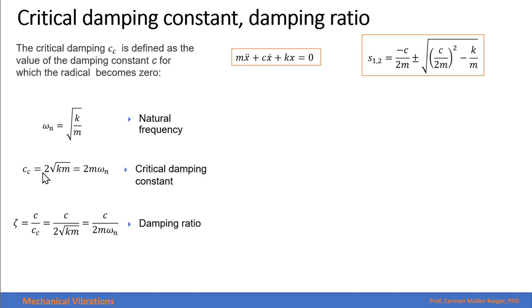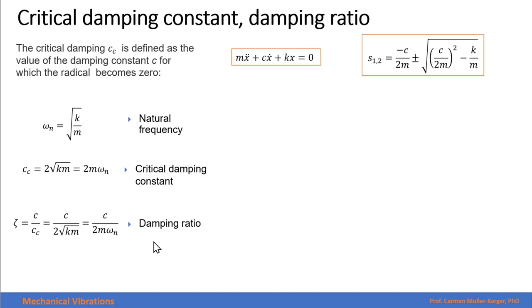Now we have another parameter that is called the critical damping constant. We will define the critical damping constant as 2 square root of km, or, which is the same, 2m omega n of the system. And this is a very important definition, which is the damping ratio.